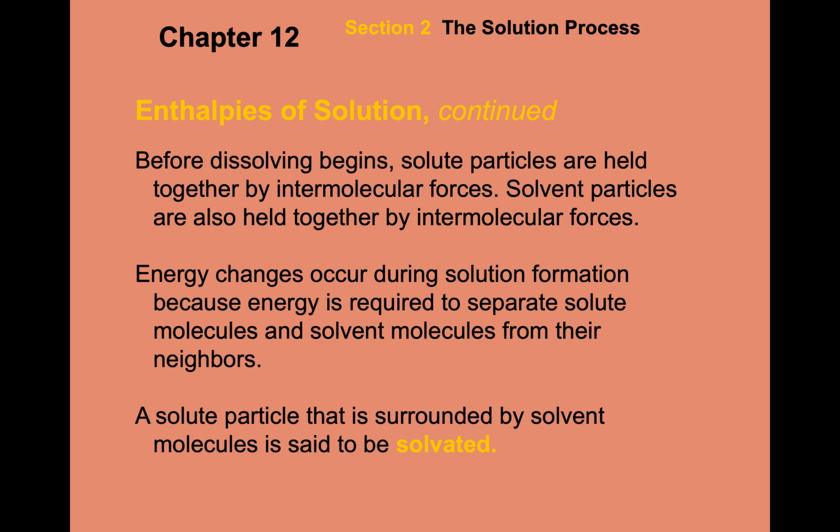So solvated is another term for hydrated. Except that with hydrated, what we're saying is those are surrounded by water molecules. Solvated is a more general term that says a solute particle is now surrounded by solvent molecules. That solvent molecule can be anything. It doesn't have to be water.